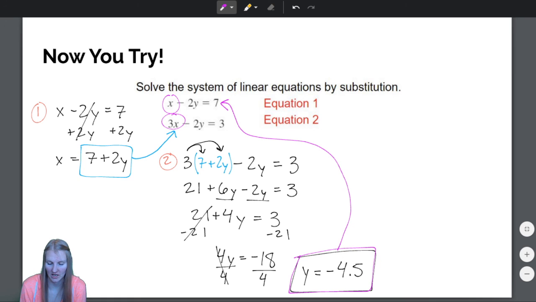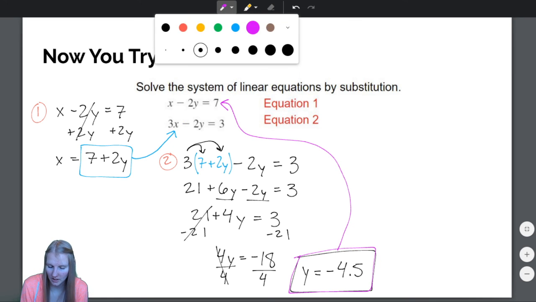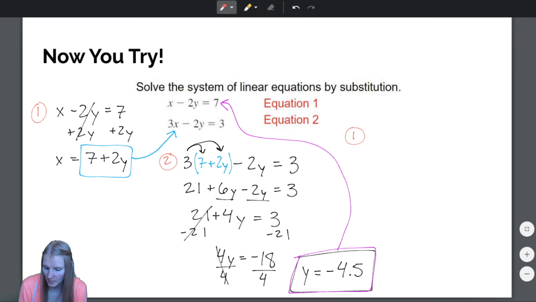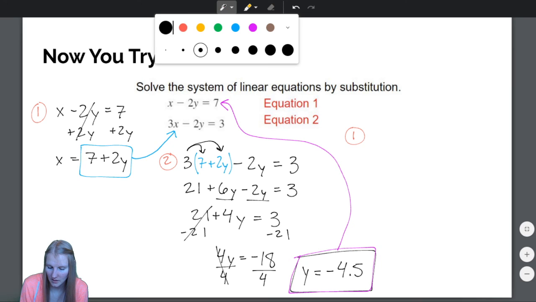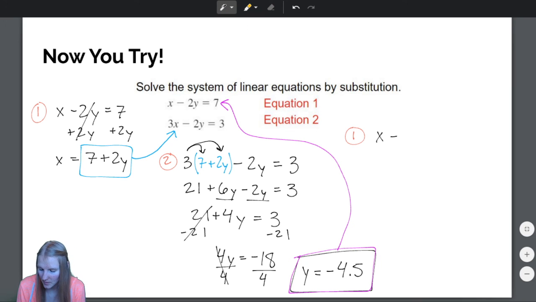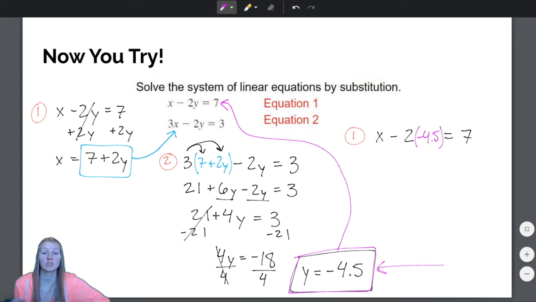It doesn't have a 3 attached to it. So I'm going to plug it in to equation number 1. We have x minus 2y equals 7. And I'm going to replace the y with negative 4.5 because y is equal to negative 4.5.